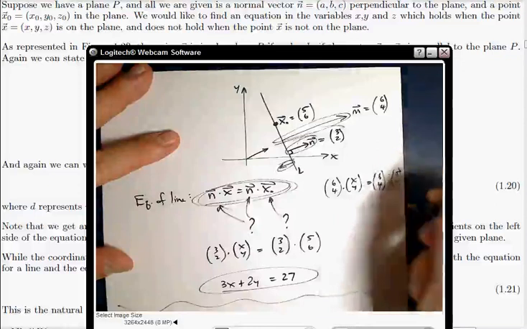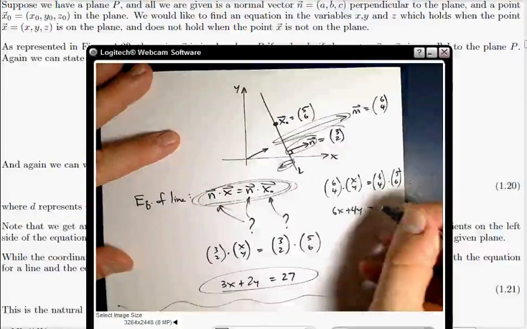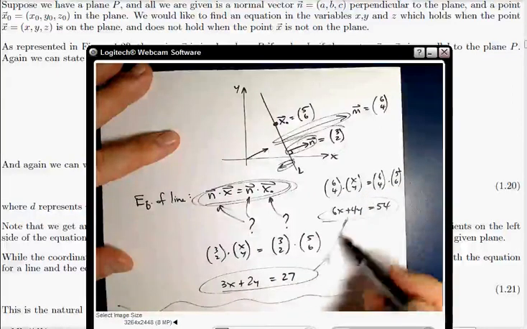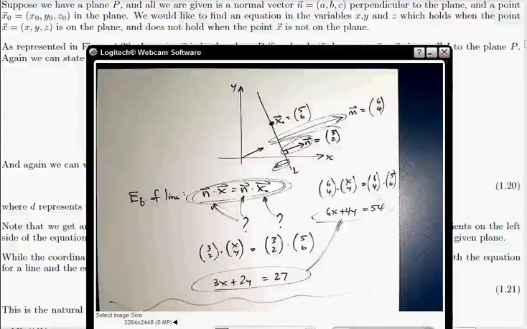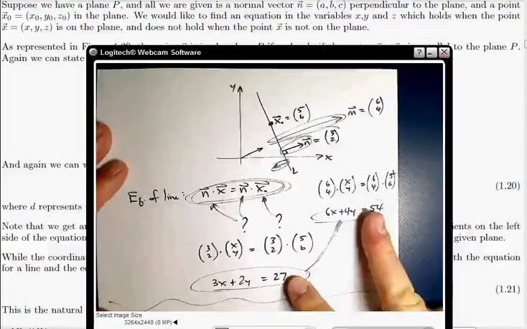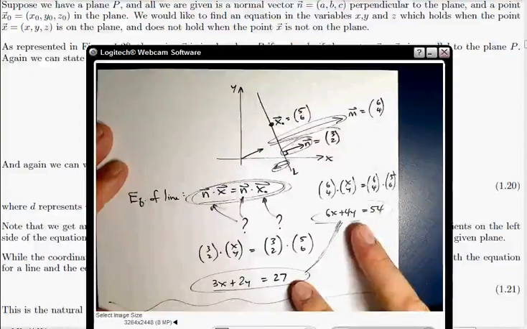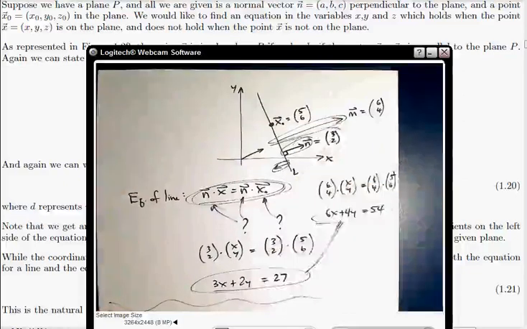When you multiply that all out, you get 6x plus 4y equals 54. They're not exactly the same equation, but one is just 2 times the other, so they're logically identical. Morally, they're the same equation. So using different normal vectors doesn't make any difference. Okay, let me stop this recording and I'll move on to the next question.